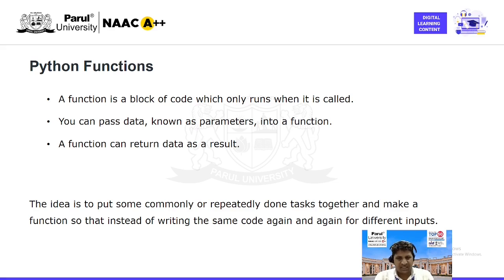A function is capable of repeating the same task at different places, so instead of writing the same code again and again for different inputs, we make a function. Suppose you want to add two numbers like 5 and 10, and at a different place you want to add two other numbers, 10 and 20. At that time we should use functions.